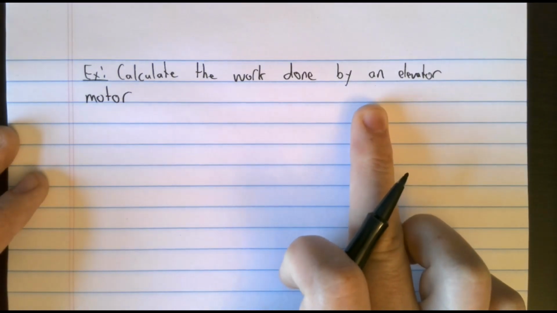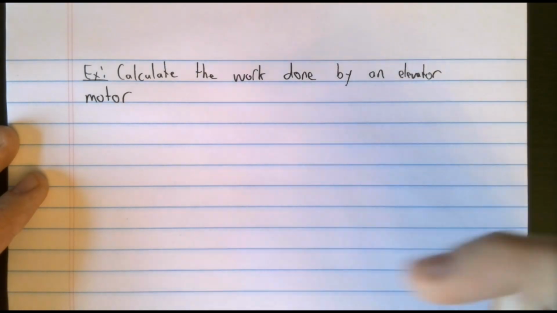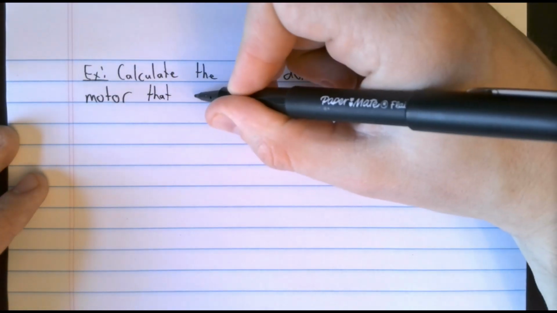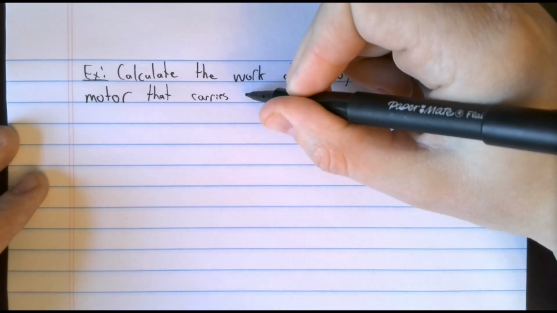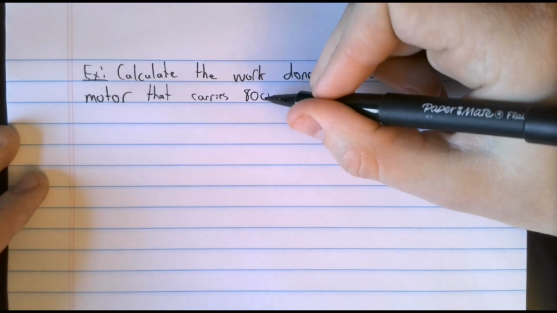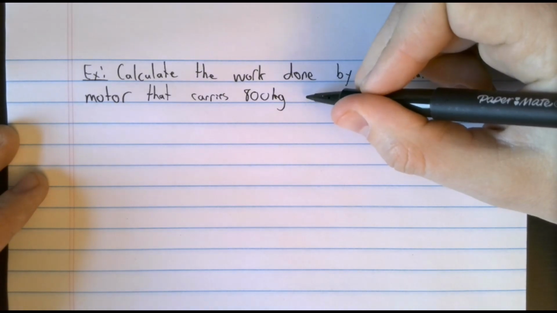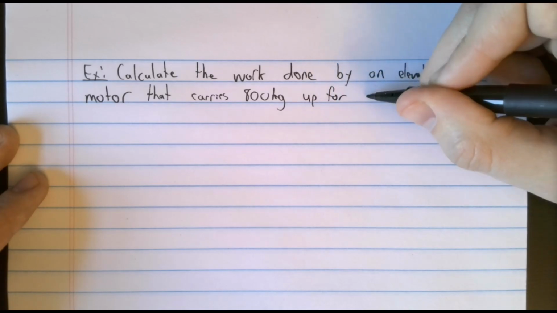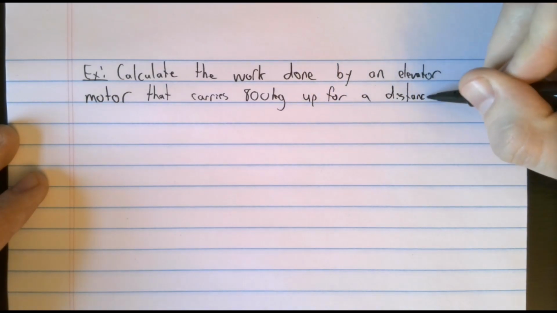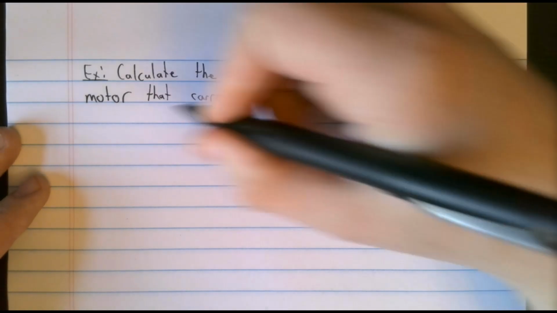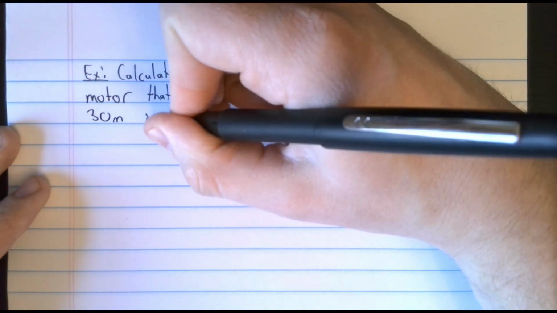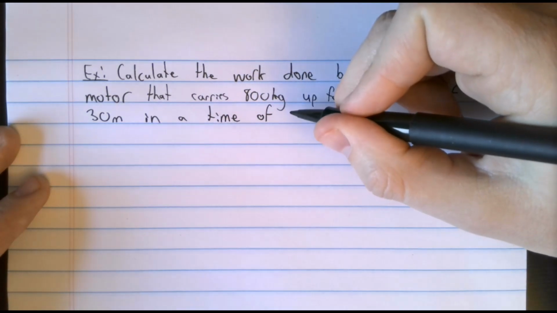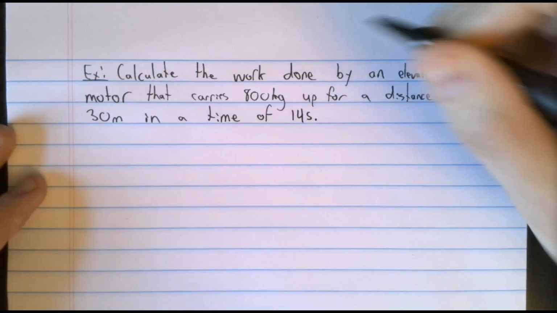Calculate the work done by an elevator motor, so the thing propelling the elevator upwards, that carries 800 kilograms up for a distance of 30 meters in a time of 14 seconds.